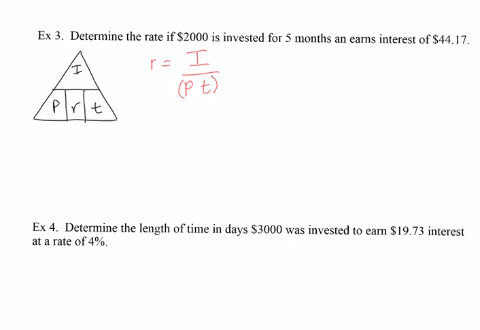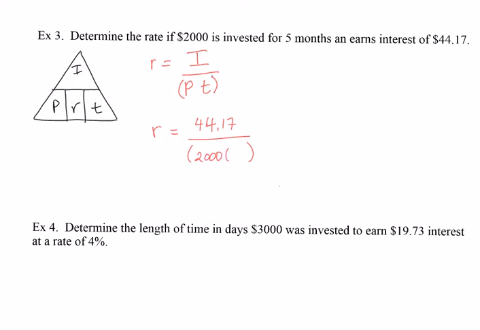So now, here's what we're going to do. We're going to substitute directly in and see what we get. So now we do our calculation. So R is equal to, well, our interest is 44.17. And then we're going to divide that by the bracket of whatever is there. So our principal is 2,000. So I'm going to put 2,000.